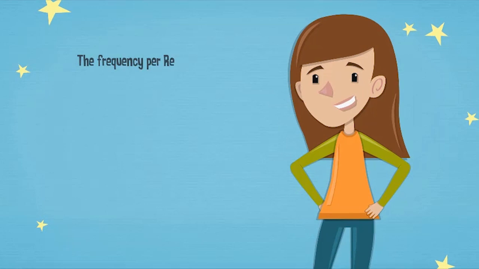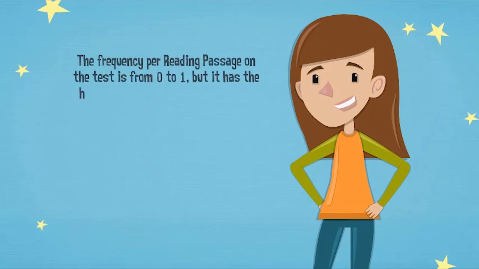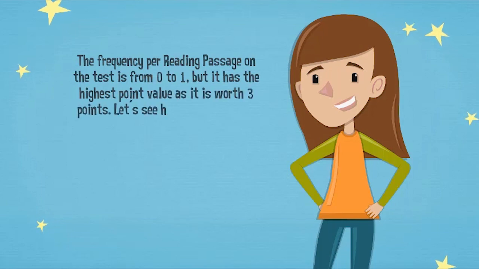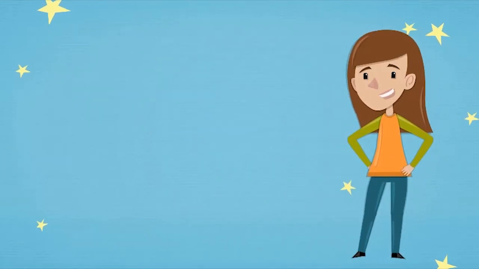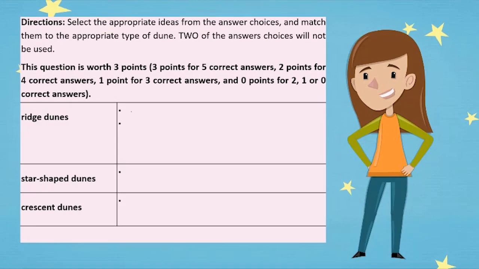The frequency per reading passage on the test is from 0 to 1, but it has the highest point value as it is worth 3 points. Let's see how to identify the question. The question commonly appears like: complete the table below to summarize information about something in the passage. Match the appropriate statement to.